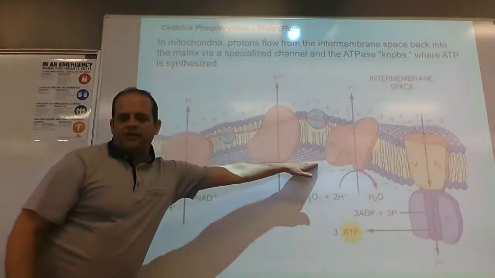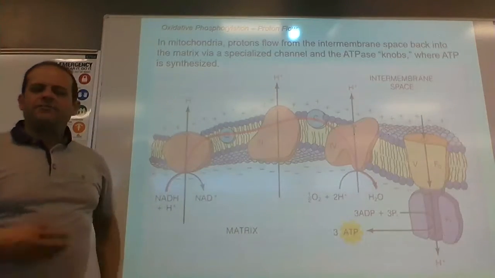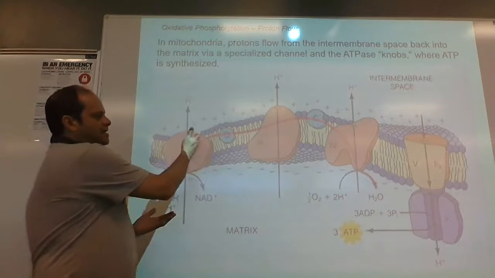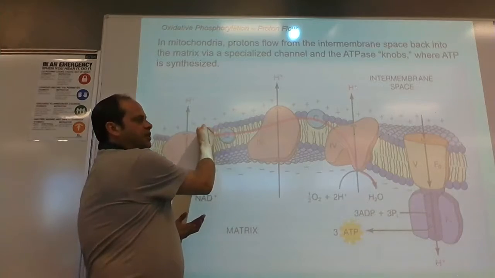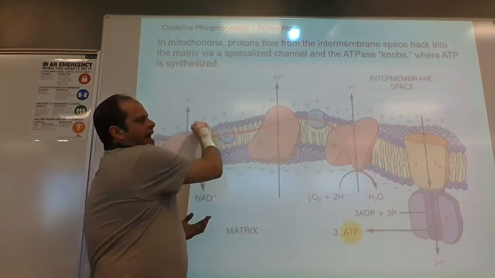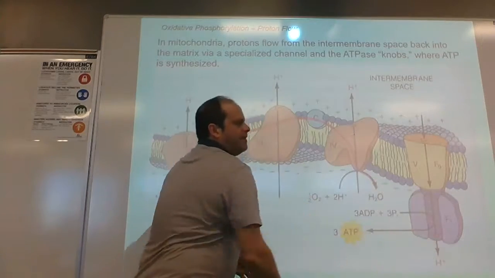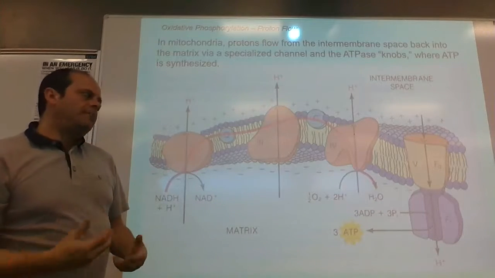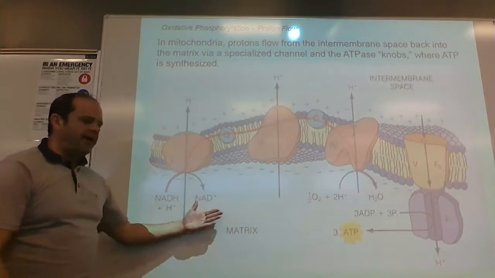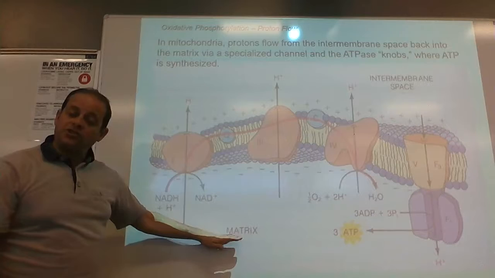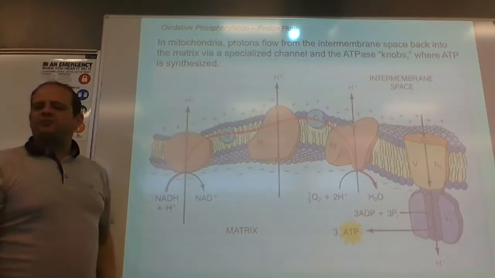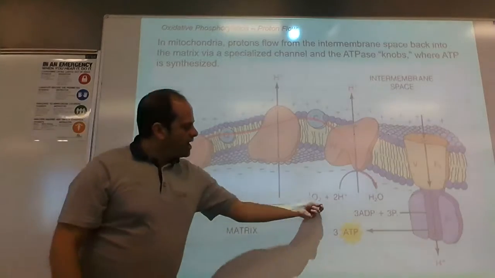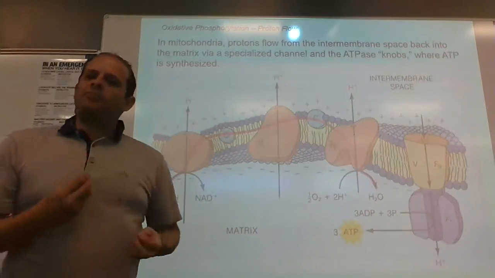FAD will also deliver those from the cycles before. As the electrons are high, they have a high potential energy at the beginning of the chain. As they fall down the chain, they give off energy. This energy is used to pump hydrogen ions from a low concentration in the matrix to a high concentration in the intermembrane space. The role of oxygen here is a couple things.